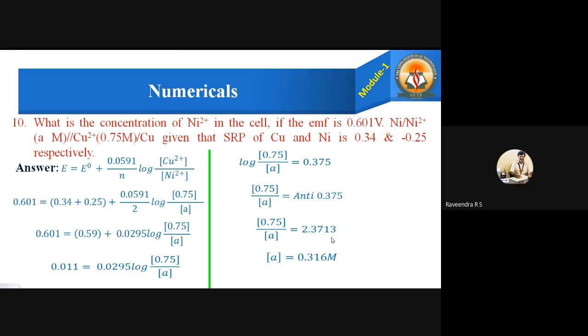Hence A, the nickel concentration, is equal to 0.316 molar. 0.316 molar is the concentration of nickel 2 plus. Here, in the place of A, we have to write this. This is how we have to find it out.